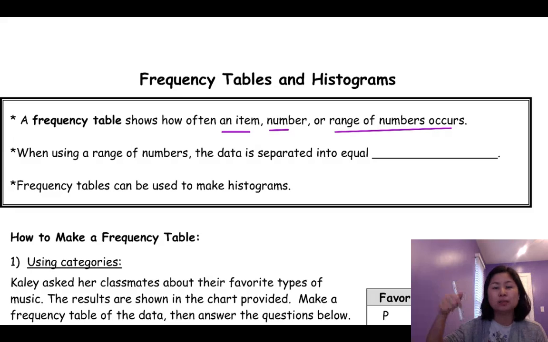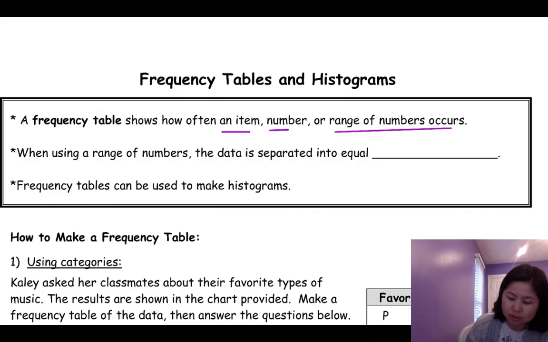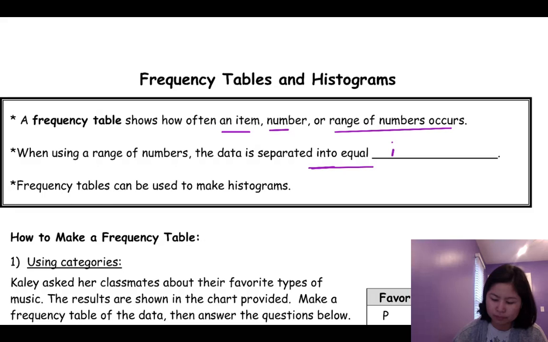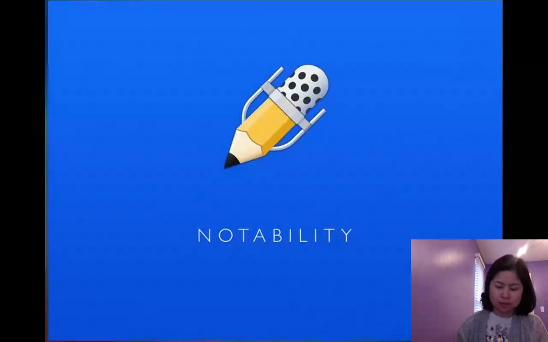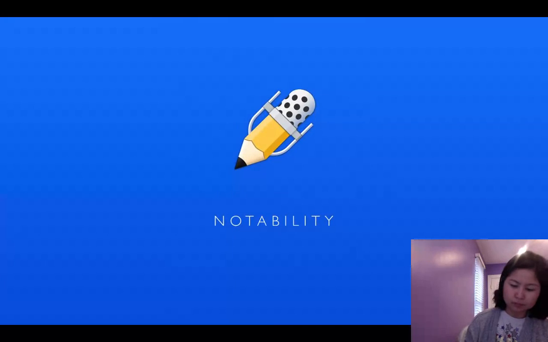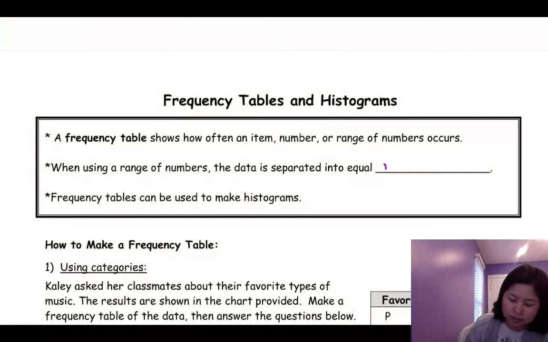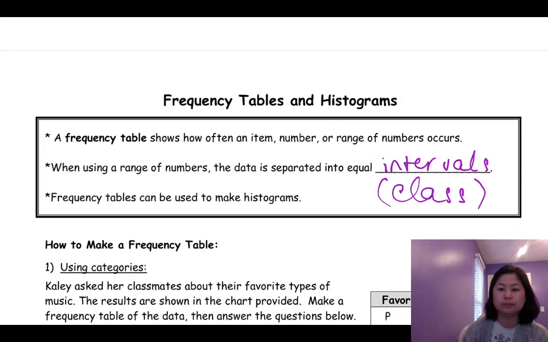Think about the tally that you put in the second column; this is how many times something is happening.